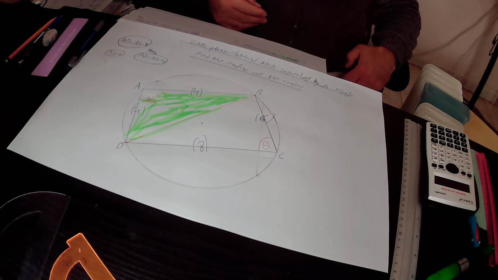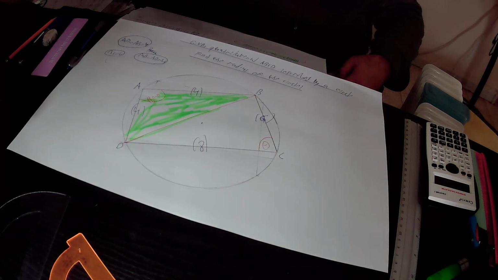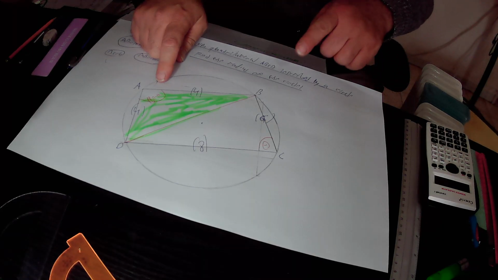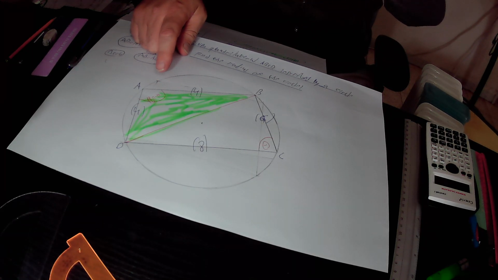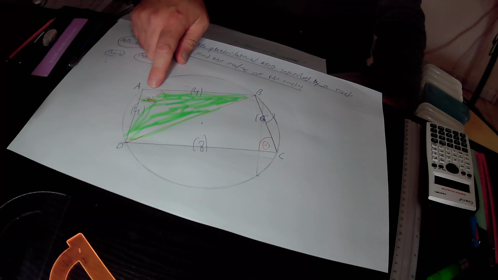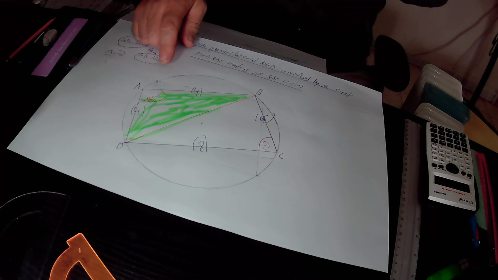The sum of the opposite angles in any cyclic quadrilateral is equal to 180 degrees. Therefore, 180 degrees minus theta plus theta is 180 degrees, exactly according to rule 7. Therefore, this angle must be equal to 180 degrees minus theta in its size.